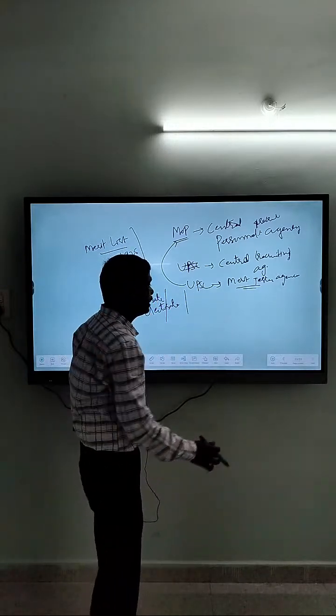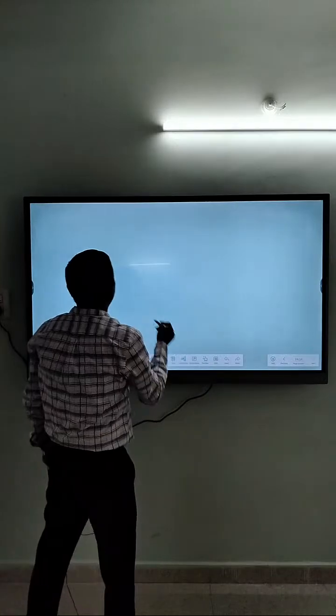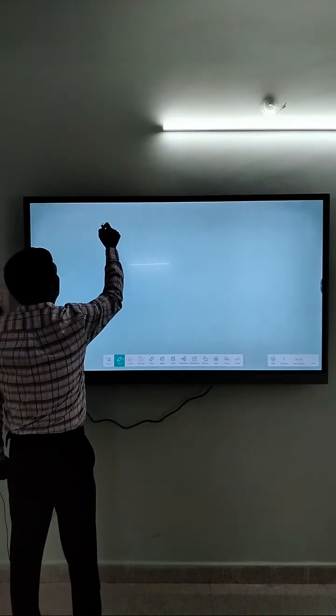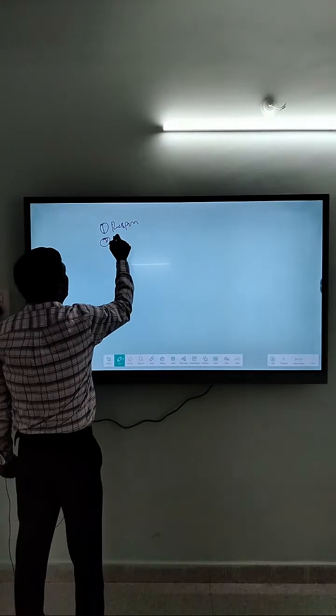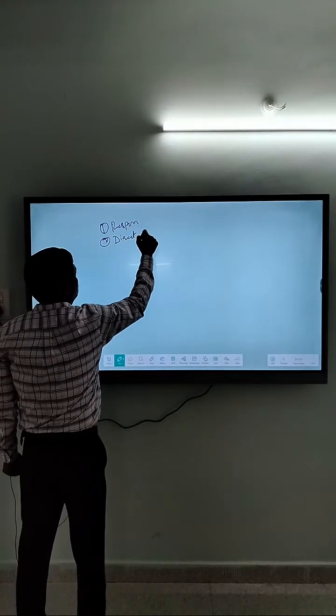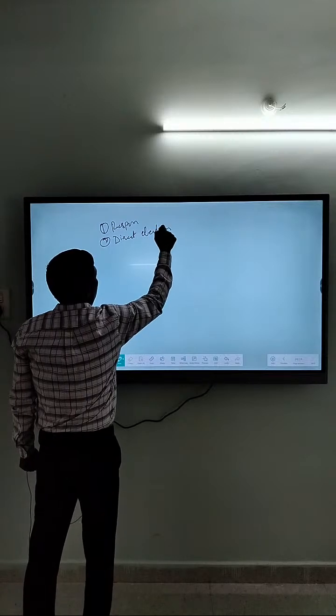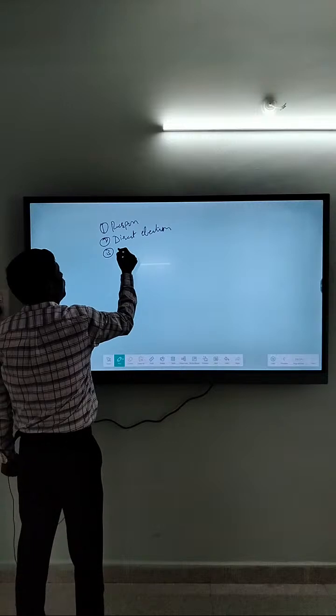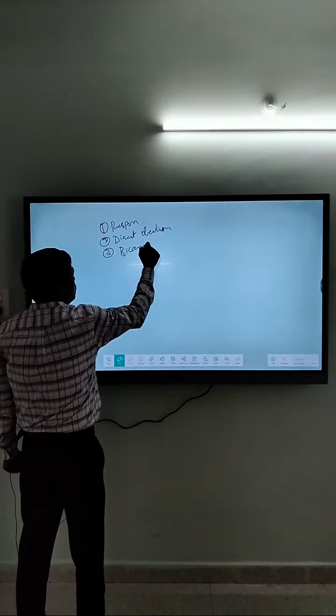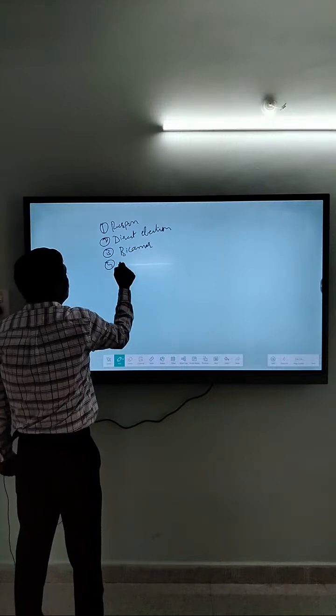Let me sum up the entire 1919 Act. First, it is known for responsible government and direct elections. Third, it is known for bicameral legislature. It is known for diarchy.